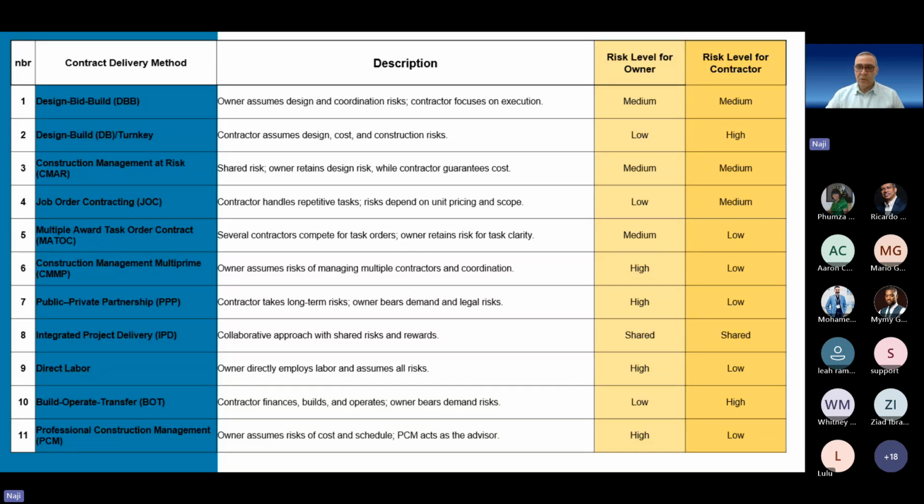So let us take the design bid build, medium, even though it could be influenced by the contract. Design turnkey, the owner has the lowest risk. In turnkey, the contractor bears all the cost or the inflation or whatever happens, so the risk is high.